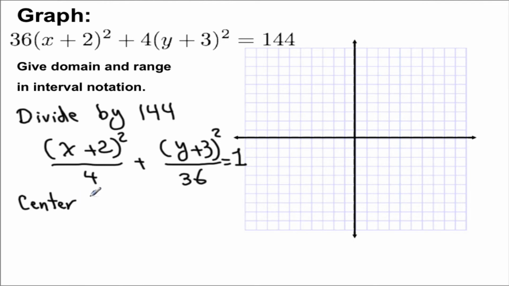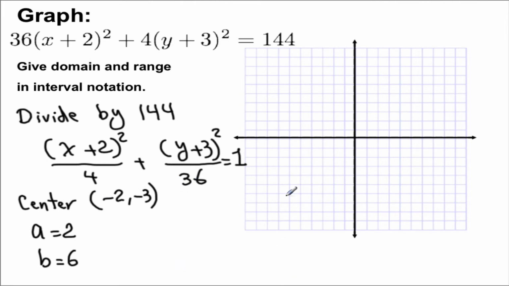The center of this ellipse will be (-2, -3), with the a value of 2 and the b value of 6. 4 and 36 represent a squared and b squared.